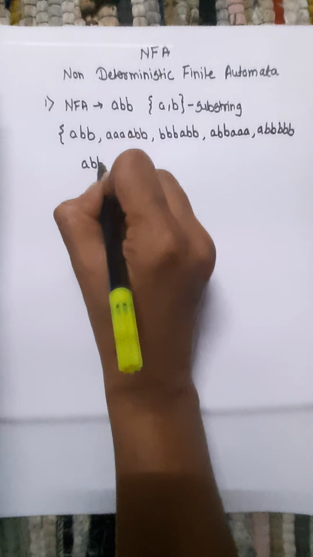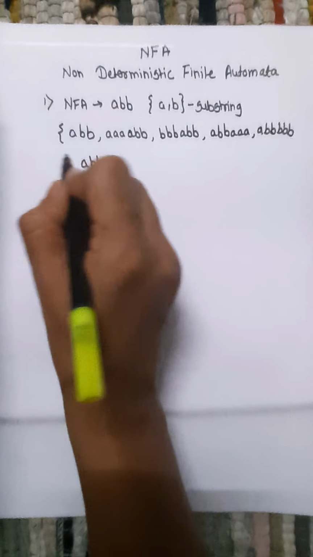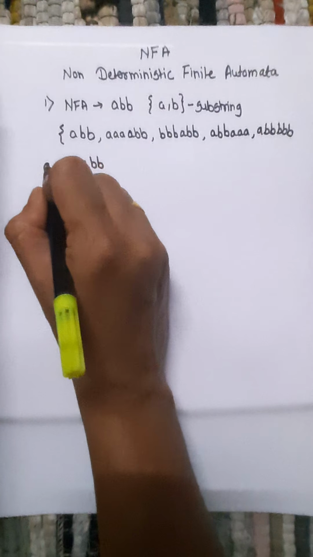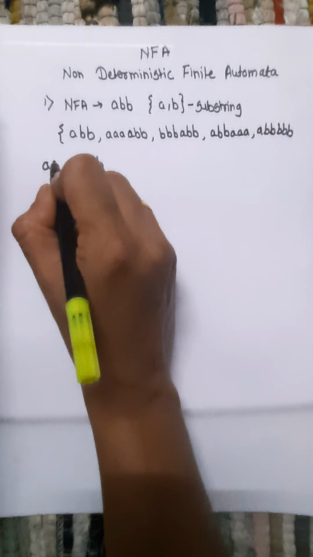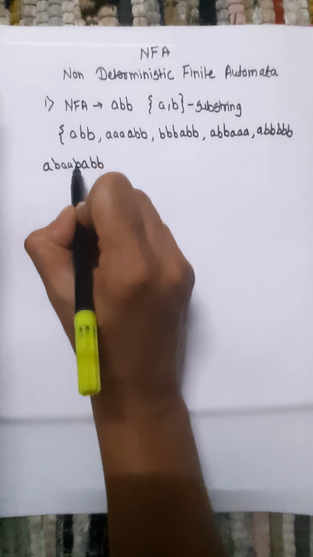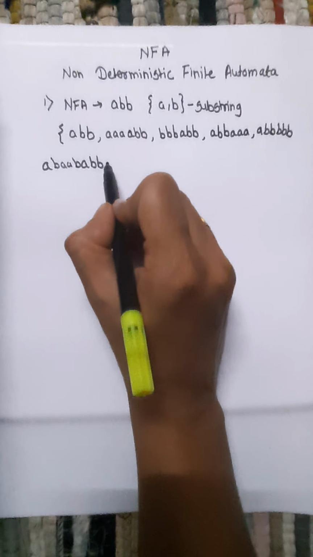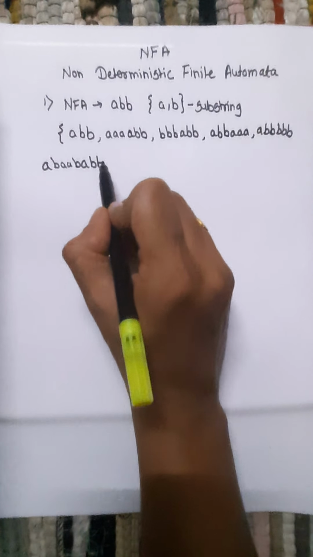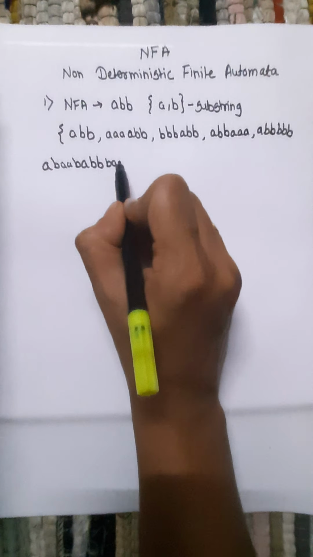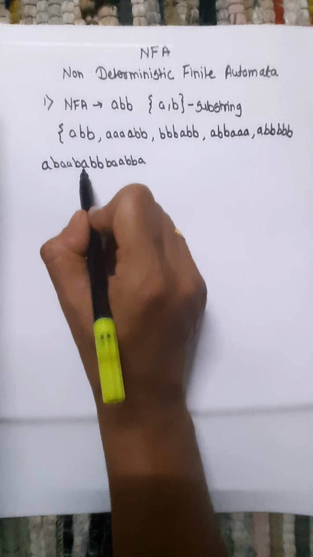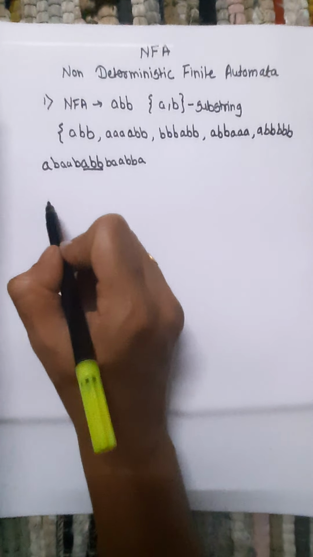The substring is ABB, and before that there will be a combination of multiple A's and B's. So I'll randomly write here the string ABAAB, and also ending with a combination of AB, so BAABBA. Now you can see here it is a substring.